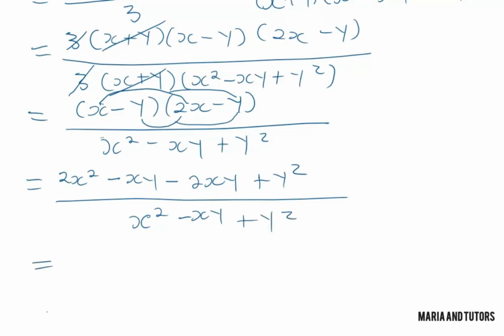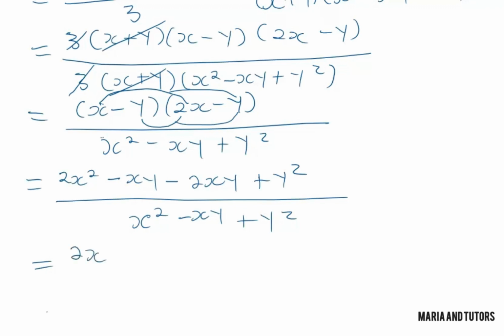Okay, let's see if we have like terms that can be grouped. Yes, we do have like terms that we can group. In this case, our like terms are negative xy and negative 2xy. So the two can be added or subtracted since they are like terms. Okay, let's do that.